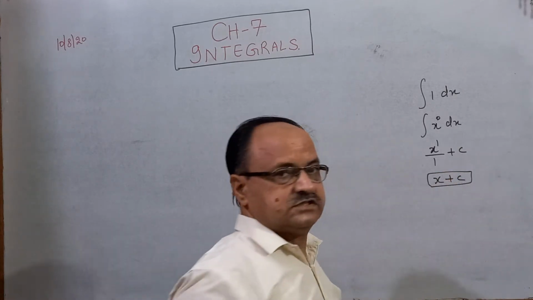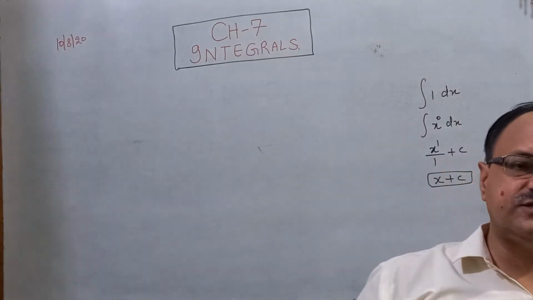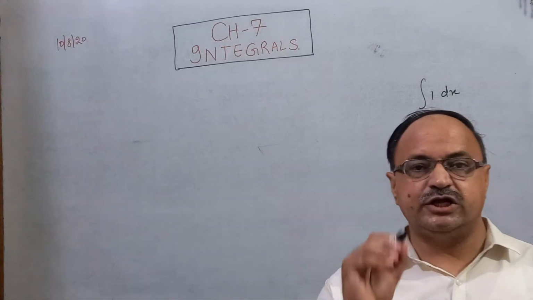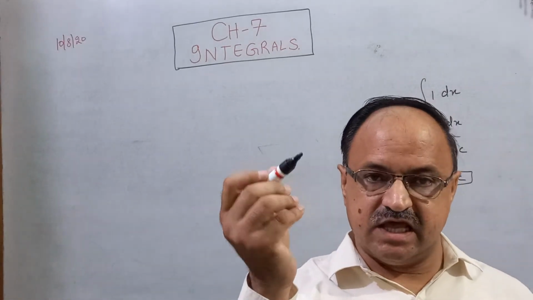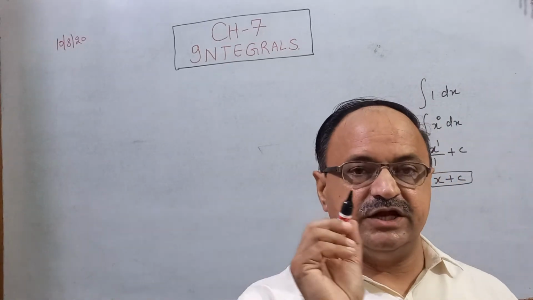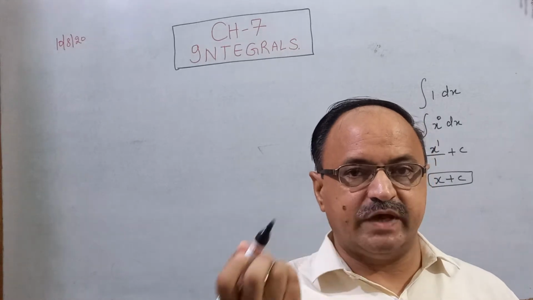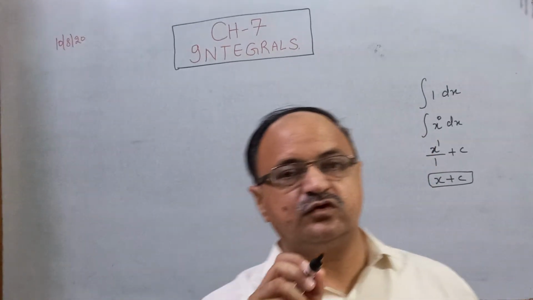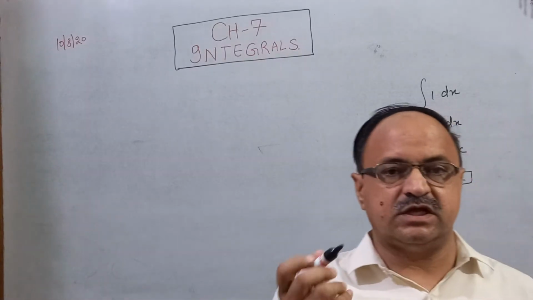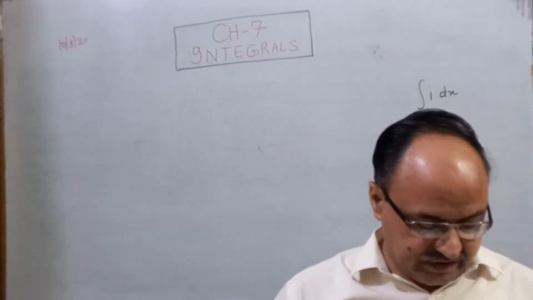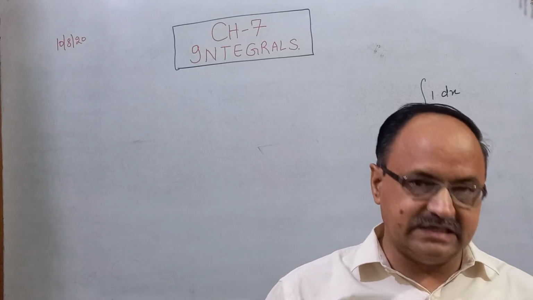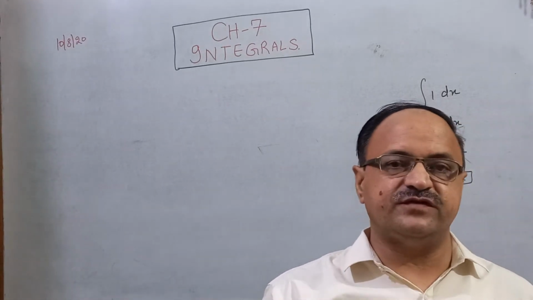Integration of 2x is x square. Integration of 4 with respect to x is 4x, clear? So that is the integration, and integration is the inverse process of differentiation.